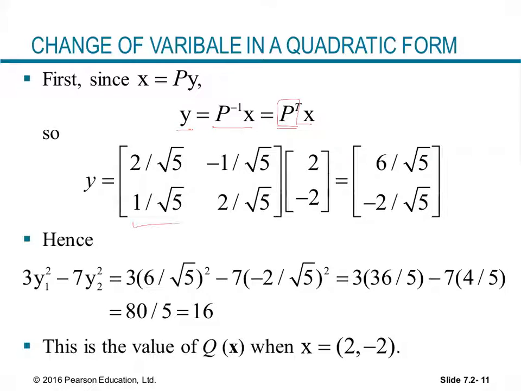After the transpose of P, if you multiply x, you can find the values of the y vector. So the new quadratic form with respect to y1 and y2 can be computed with 6 over square root of 5 and negative 2 over square root of 5 to get 16, and this is the Q(x) value when x is 2 and negative 2.